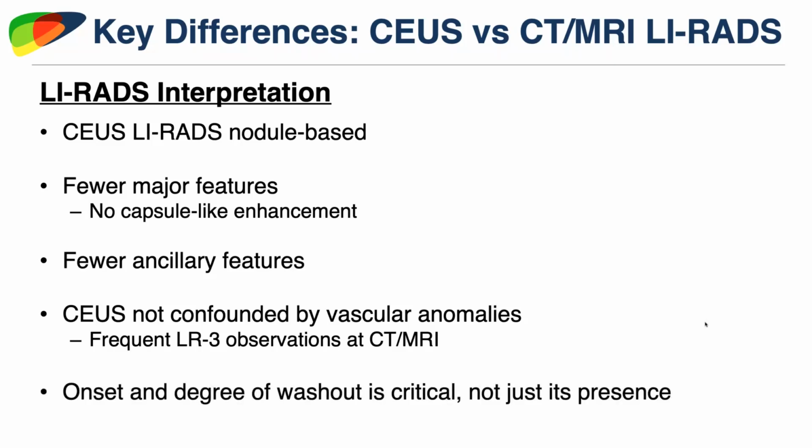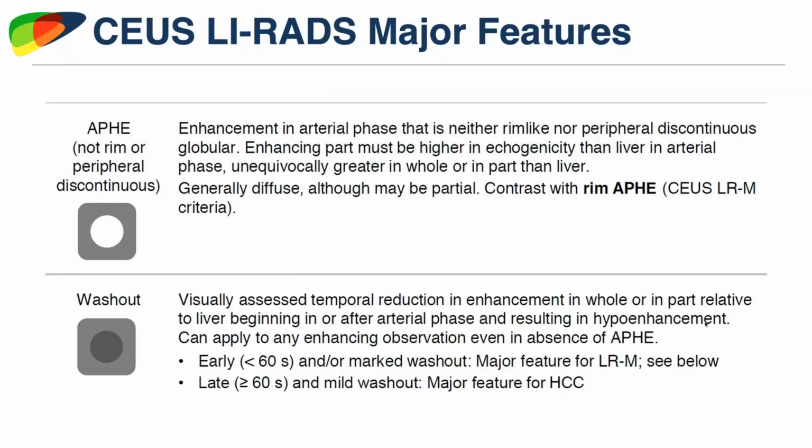Finally, and probably one of the most important things to discuss is that both the onset and the degree of washout are critical, not just its presence. So for CT MRI, we talk about unequivocal washout, and then we're kind of done. We really don't care at what point it washes out, whereas with contrast-enhanced ultrasound, that is very important. So this just reiterates the major features for contrast-enhanced ultrasound LI-RADS: non-rim arterial phase hyperenhancement, similar to CT and MRI, and washout.